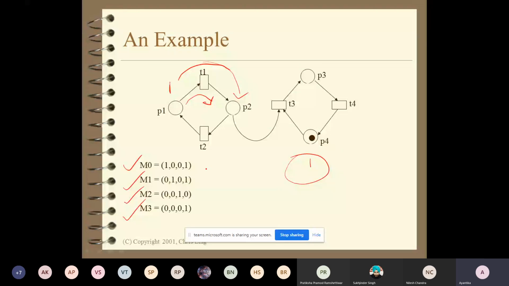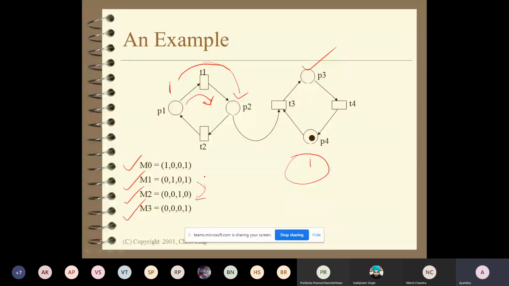Now from M1 to M2, what will happen? How is it possible? 0, 0, 1, 0. What does it mean? 0, 0 means there is no token in P1 and P2, and also not in P4. That means the tokens in P2 and P4 are now absent and you only have a token here in P3, right?